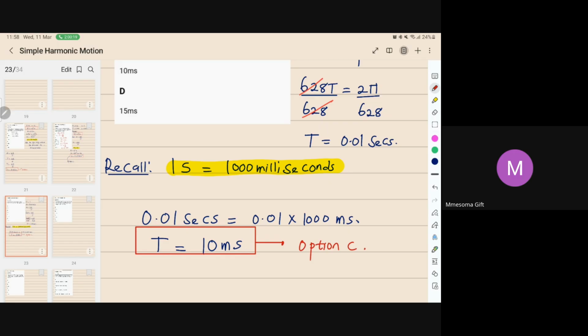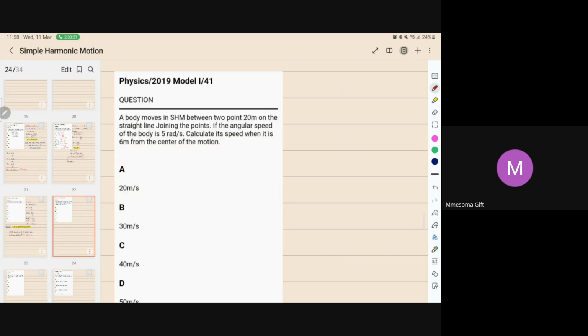All right, so let's go again. The next one says, a body moves in simple harmonic motion between 2 points. Can you see that? A body moves in simple harmonic motion between 2 points, 20 meters on the straight line, joining the points, right? So if I'm to draw this diagram, let's say we have this.